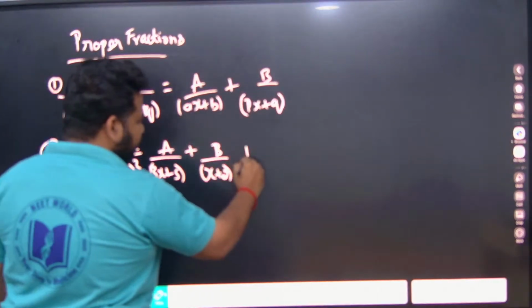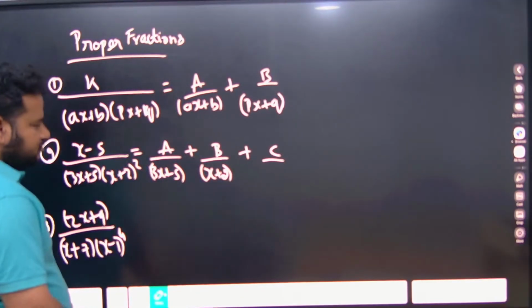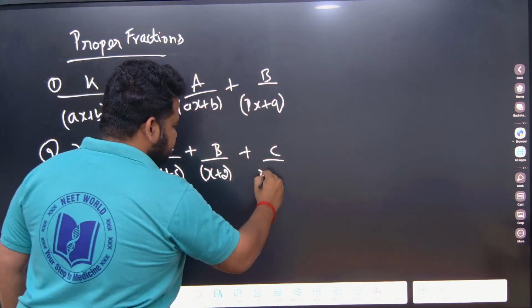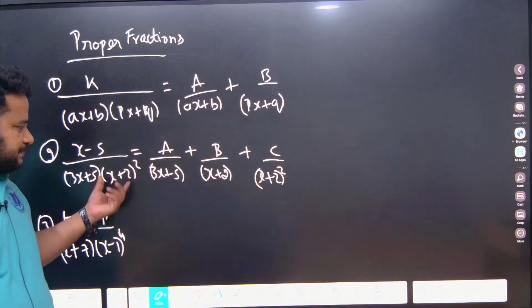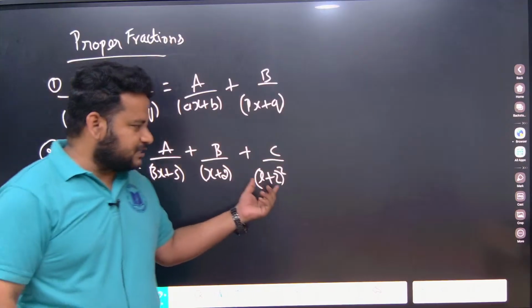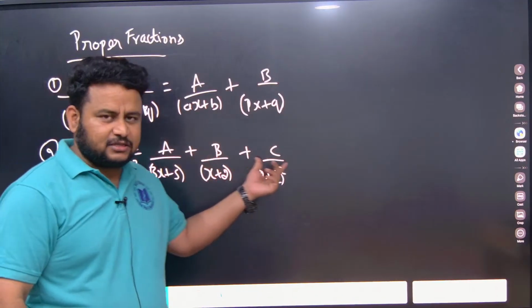Next time, write constant C by x plus 2 whole square. So once you write x plus 2, then you write x plus 2 whole square. Here the constant will be B, here the constant will be C.